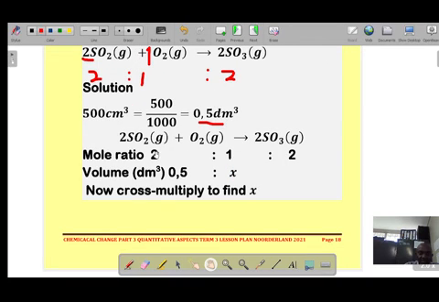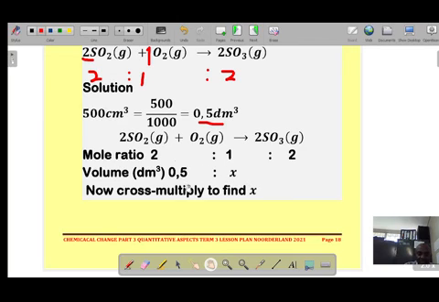Look at my equation again. That is 2 sulfur dioxide plus 1 oxygen to give me 2 sulfur trioxide. What's my molar ratio? 2 reacted with 1 to produce 2. In other words, they're given 0,5 reacting with x.